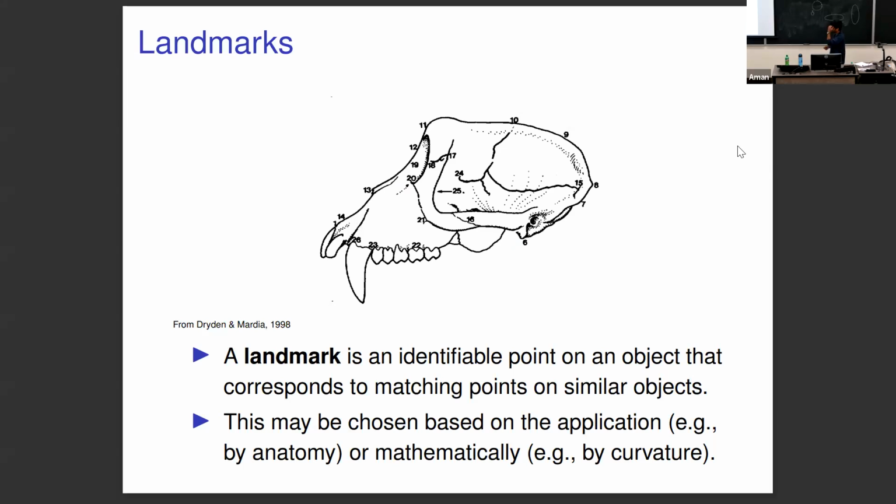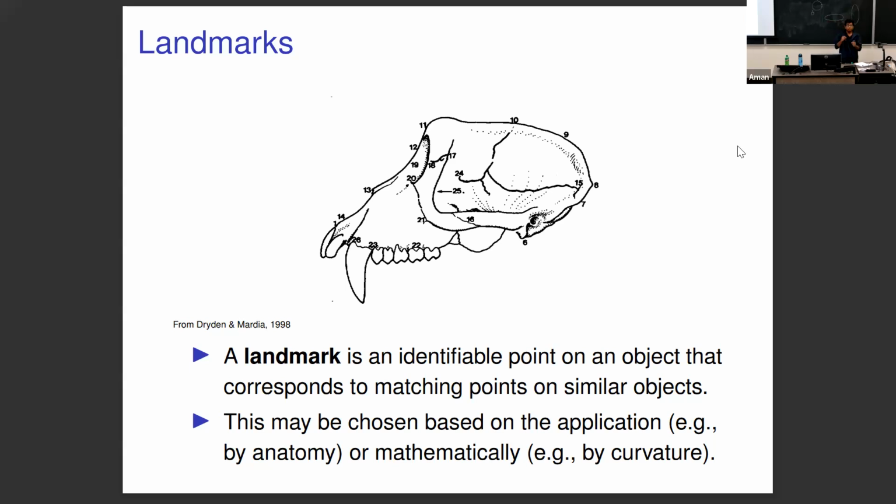So for example, like this. In a case where you are looking at skull images, we would know that all skulls, irrespective of who they belong to, will have the same landmark locations at different parts of the skull. So if you label them as such, and you have two different skulls, and the points align with respect to the meaning of what the point is, like where the landmark is in the skull itself, you can compare those two skulls based only on the landmarks.